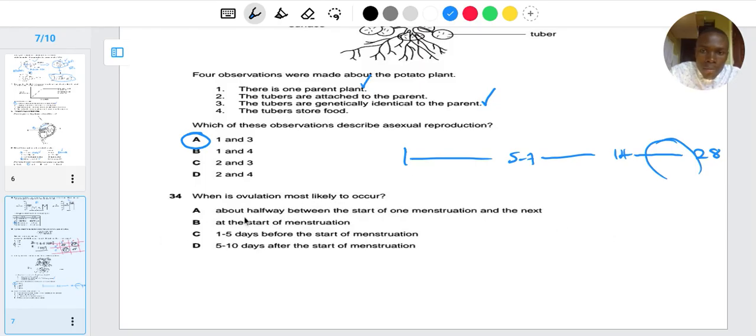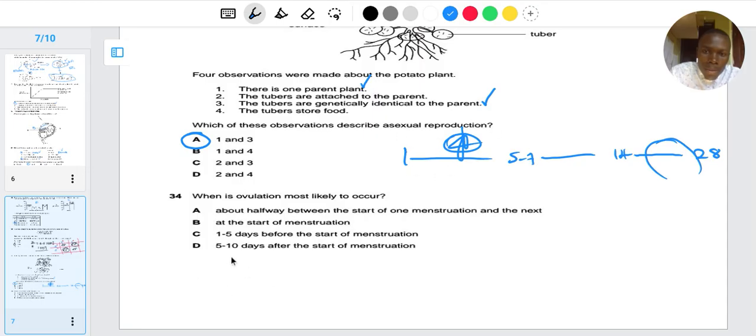So we have about halfway between the start of one menstrual period and the next. Then B is saying, at the start of menstruation. No, this is where the bleeding starts, the shedding of blood stage. Then from 1 to 5 days before the start of menstruation, the shedding of blood takes place.